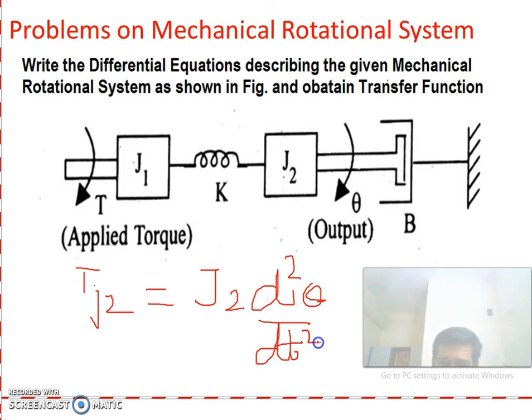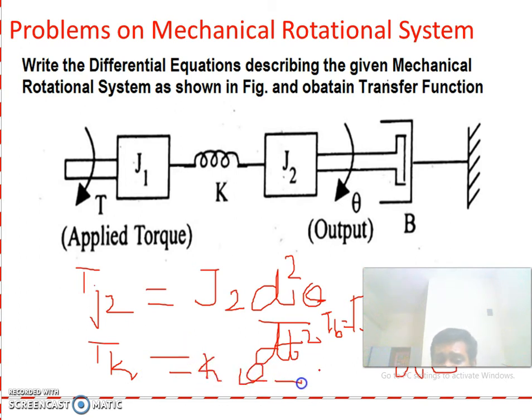Then the opposing torque due to this dashpot is Tv equal to V into d theta by dt. Then the spring K is also connected between J2 and J1, so Tk is equal to K into theta minus theta 1. These are the opposing torques acting on J2. Here we are not applying any torque, so the applied torque is 0.